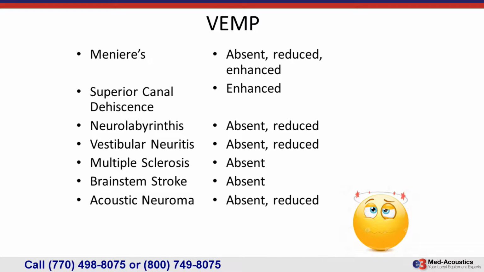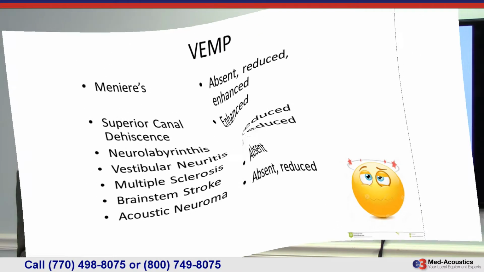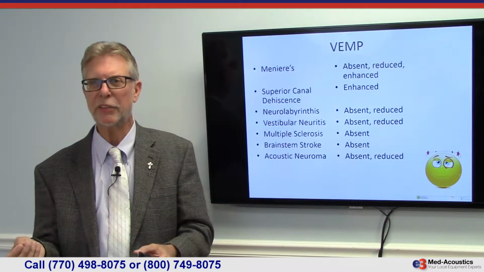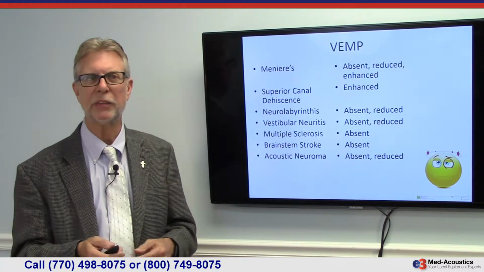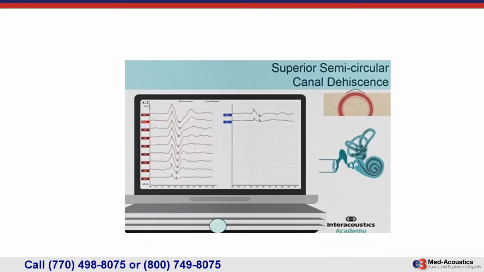And then in other pathologies, like labyrinthitis, vestibular neuritis, etc., the response is either absent or reduced significantly, so that the asymmetry ratio exceeds 0.35.